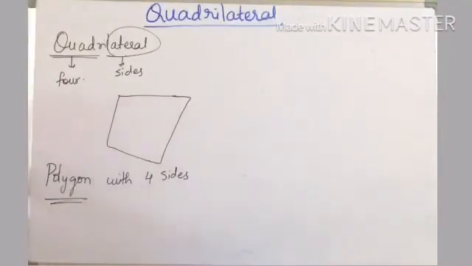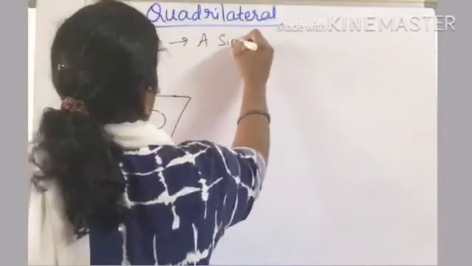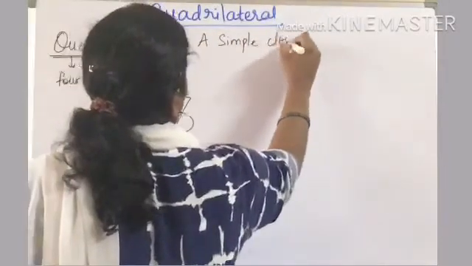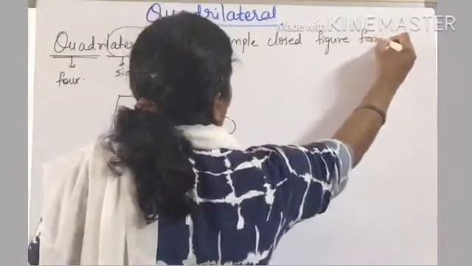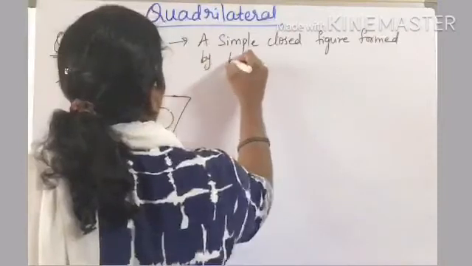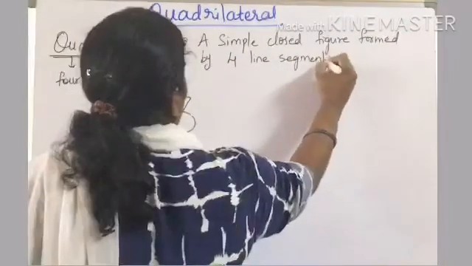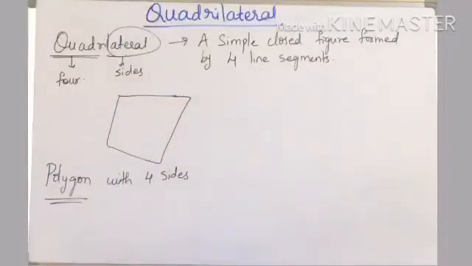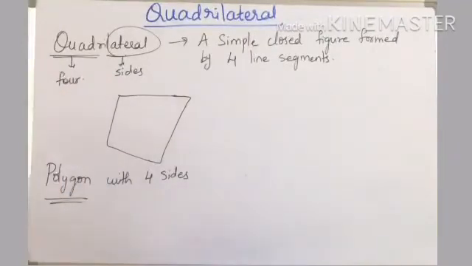So a simple closed figure formed by four line segments, or simply a polygon with four sides, is called a quadrilateral. Or you can say a quadrilateral can be defined as a closed two-dimensional shape which has four straight sides.